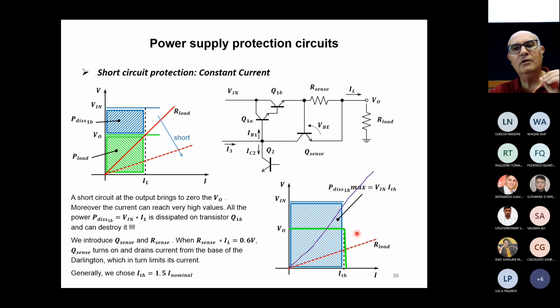So if our load is so small that we are working on this vertical part of the characteristic, and if we are able to change the position of this threshold, we can move this green line to the left or to the right. Usually, professional power supplies have two knobs, one for regulating the output voltage, and the second one for regulating the threshold current for the short circuit protection.